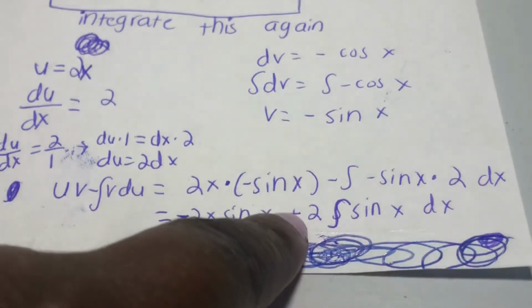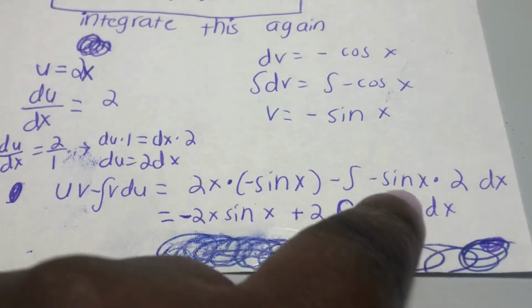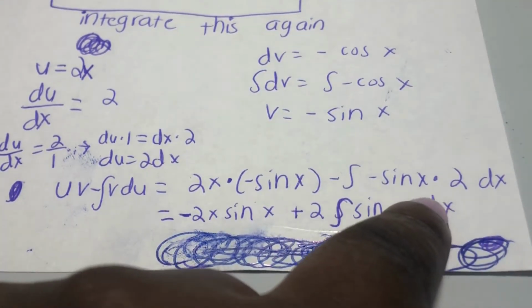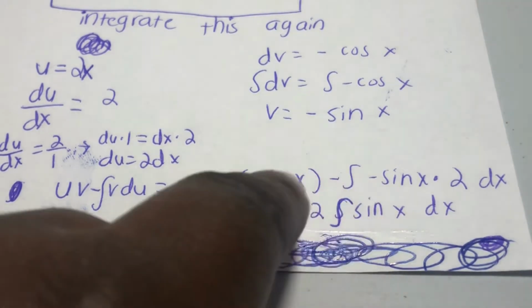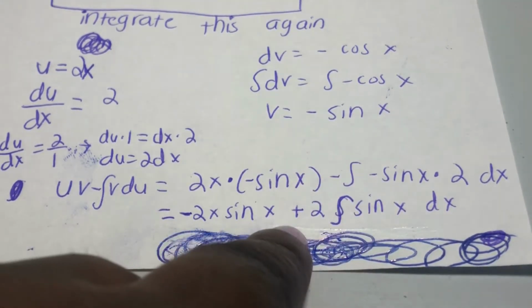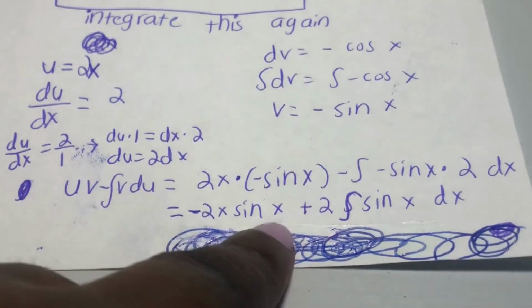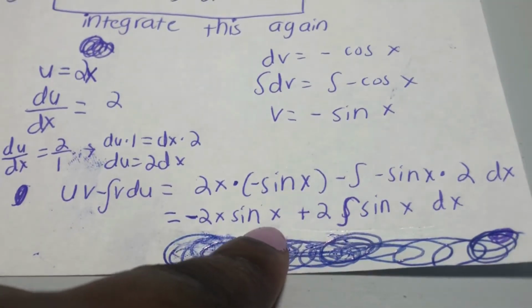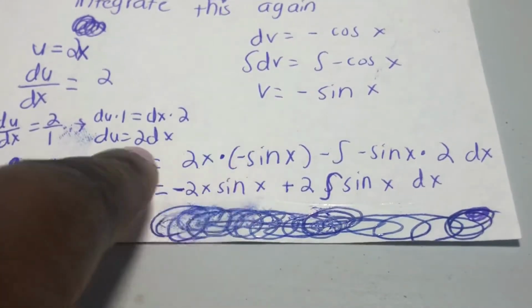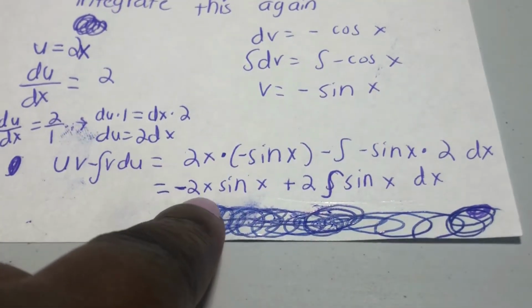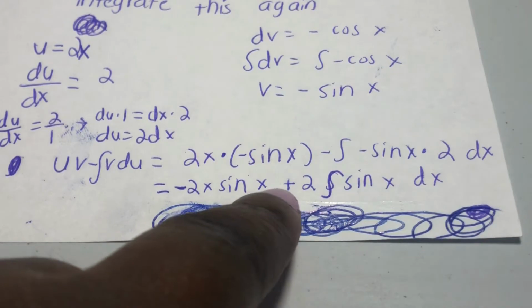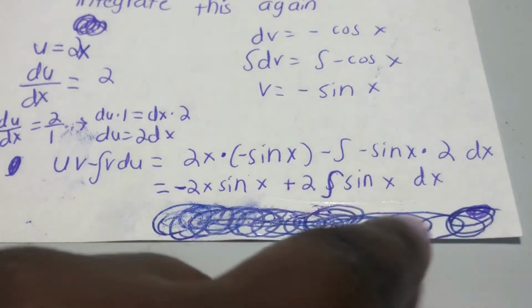You just take the constant out, and then you integrate negative sine x, and this negative is going to be a positive. So I made this negative a positive here, and I took this negative out as well. So I got negative 2x sine x plus 2 times the integral of sine x dx.